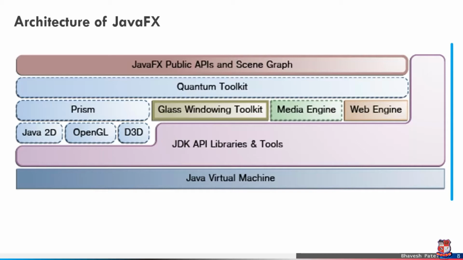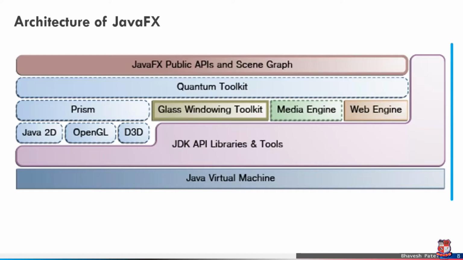It has the capability to render both 2D and 3D graphics. Prism implements different ways of rendering graphics on different platforms, such as DirectX 9 on Windows XP or Vista, DirectX 11 on Windows 7, OpenGL on Mac, Linux and embedded, and Java 2D when hardware acceleration is not possible.